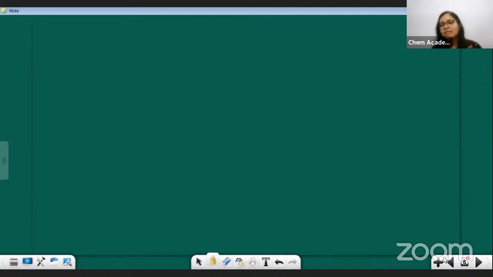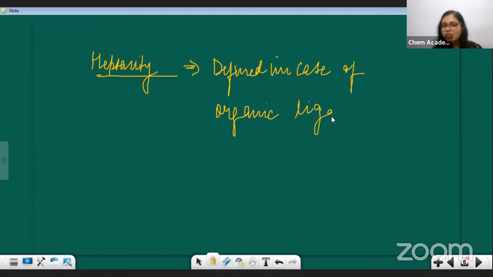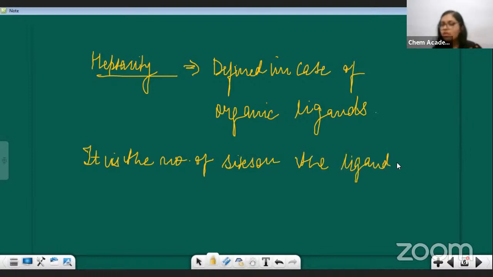So let me just tell you first what hapticity is. Hapticity is defined in case of organic ligands, and it is the number of sites on the ligand to which metal is directly attached.